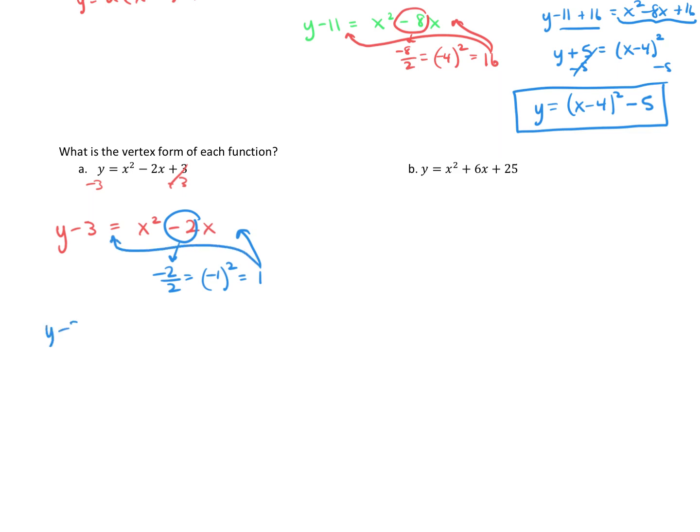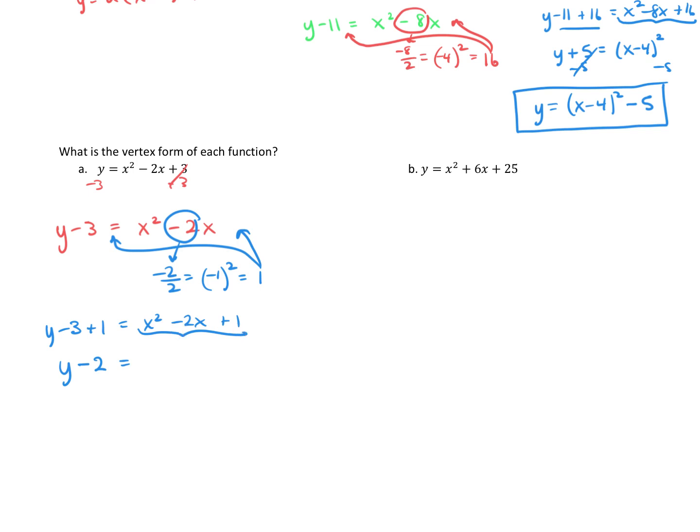So we have y minus 3 plus 1 equals x squared minus 2x plus 1. So there's that plus 1 on both sides, keeping our equation balanced. On the left, that y minus 3 plus 1, let's combine those. That's going to be a negative 2. And then x squared minus 2x plus 1. What are factors of 1 that add up to a negative 2?